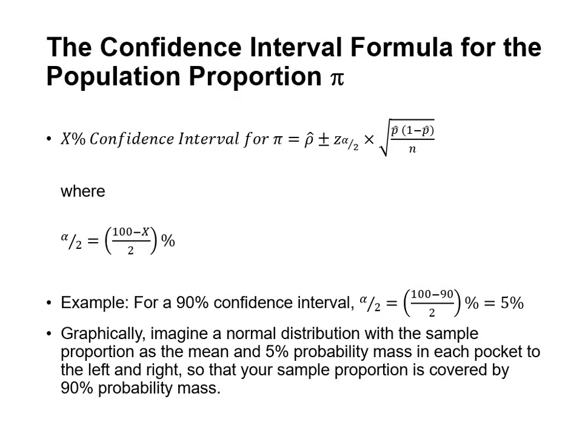Graphically, imagine a normal distribution with the sample proportion as the mean and 5% probability mass in each pocket to the left and right, so that your sample proportion is covered by 90% probability mass.